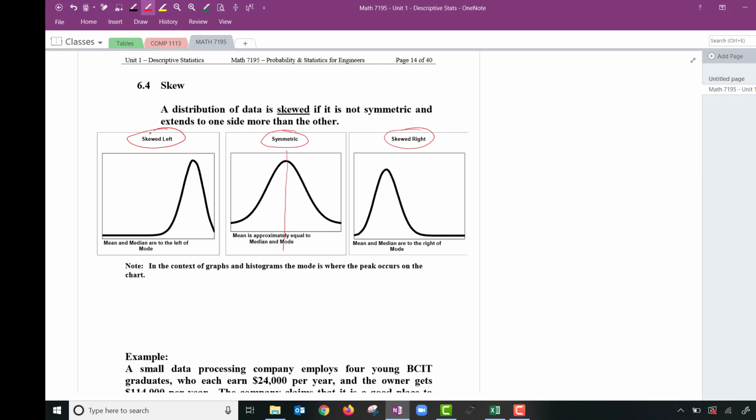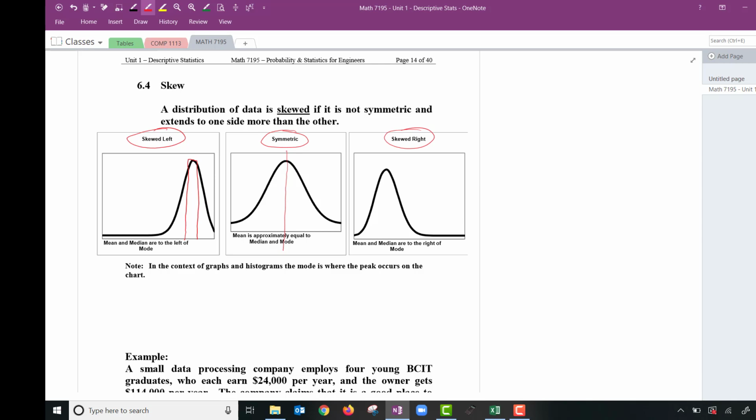When we're talking about these shapes, we bring up the term mode again. When we were making a histogram, remember we had different classes, and each class had a certain frequency, and the class with the most items in it is then the mode in this case.